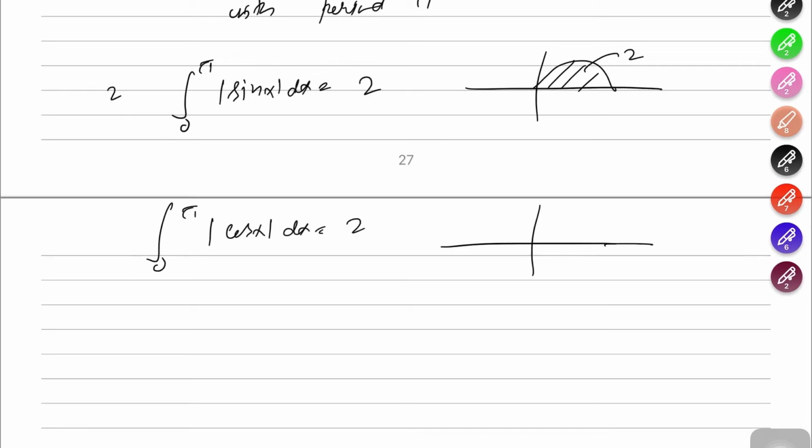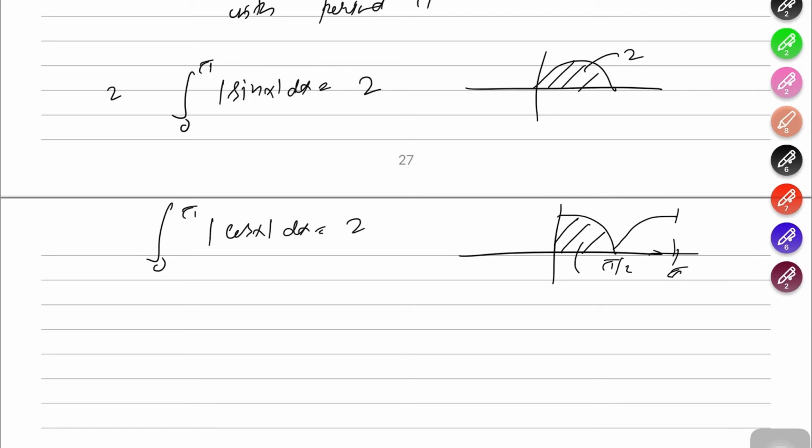So if you integrate from one period, you can see that. So this is pi by 2, this is pi, this is the graph of it, so this value is 1 and this value is also 1. So basically if we divide this part, half of the value is 1 and this value is also 1.